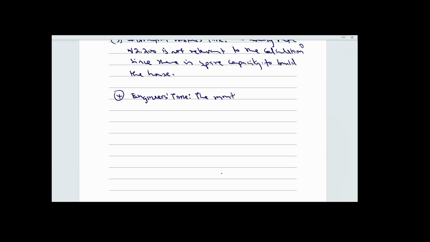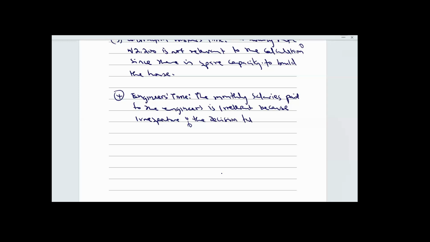The monthly salary paid to the engineers is irrelevant because irrespective of the decision taken on the projects, the engineers will be paid.